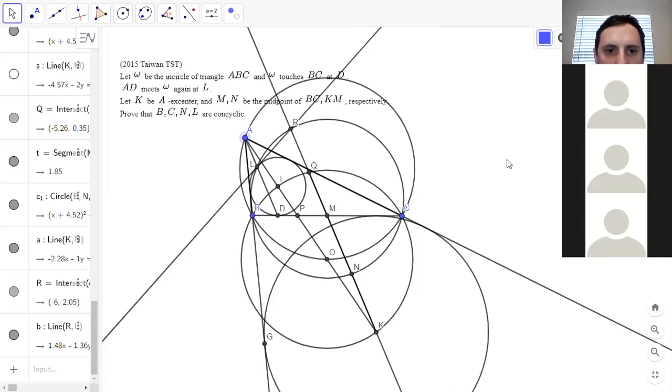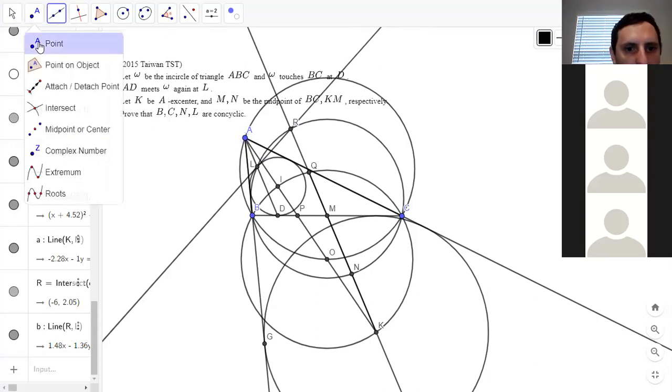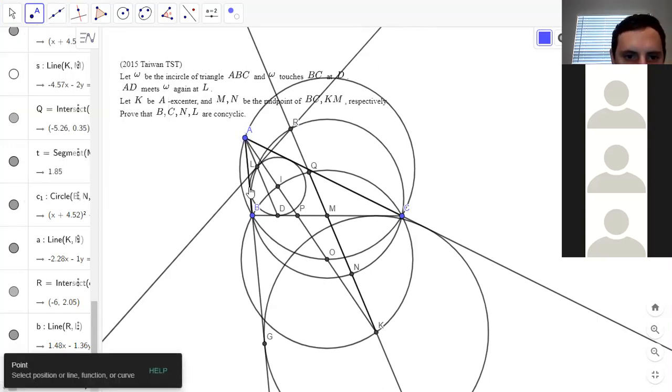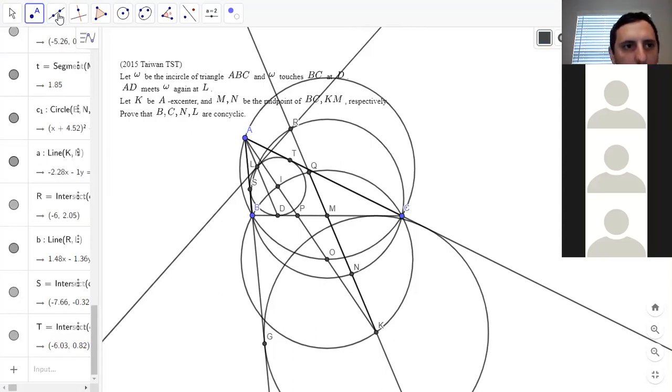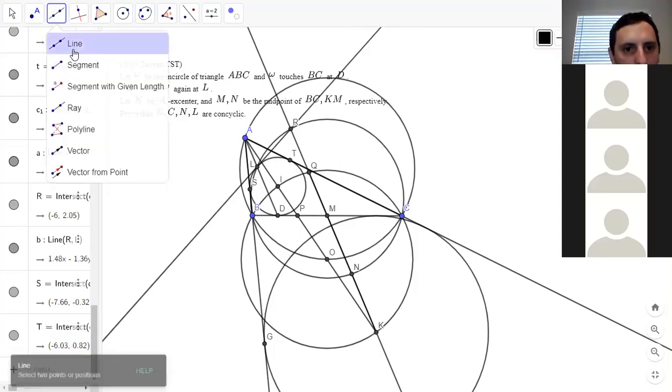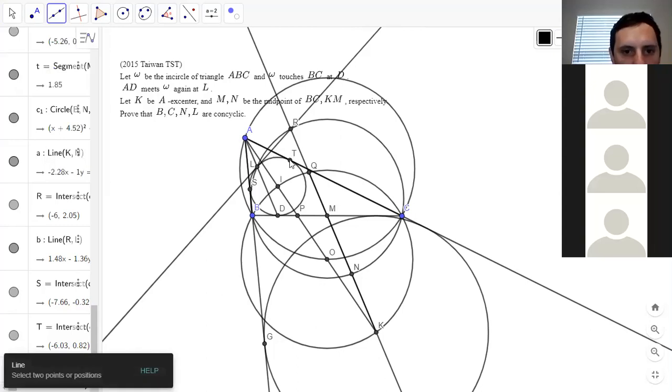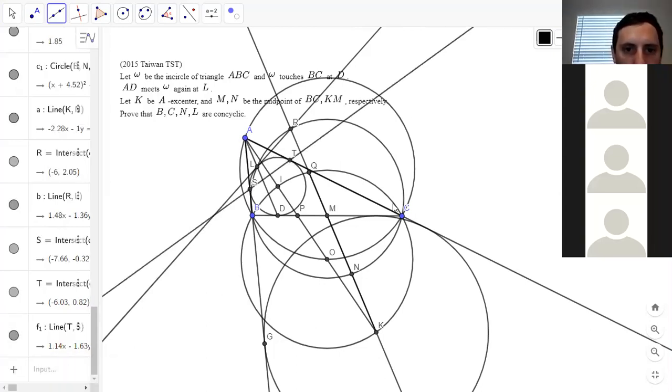I think I have finished this problem. Okay. So let the incircle be tangent to AB and AC at two points. And let ST intersect BC at one point.